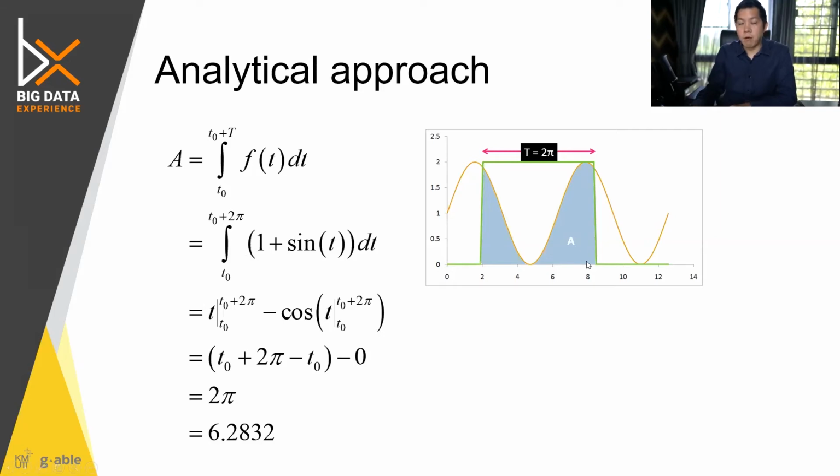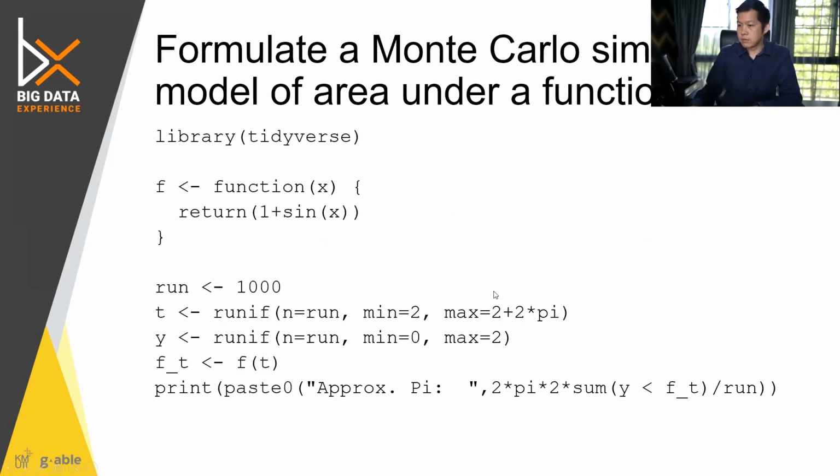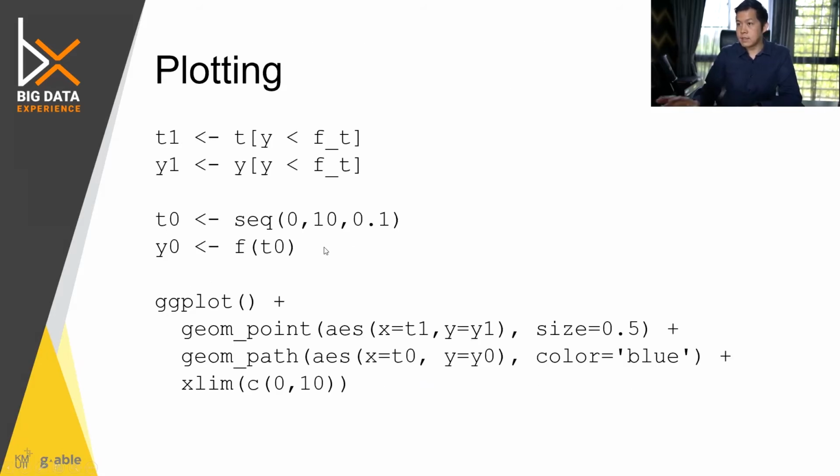The proportion of points that are falling under the line, and that is actually the percentage of the area under the curve. You need to have the total area, and then multiply that to the total area. You get the estimation of the area under the curve here. And this is just plotting. I'm plotting the comparison between the two using geom_point, geom_path.